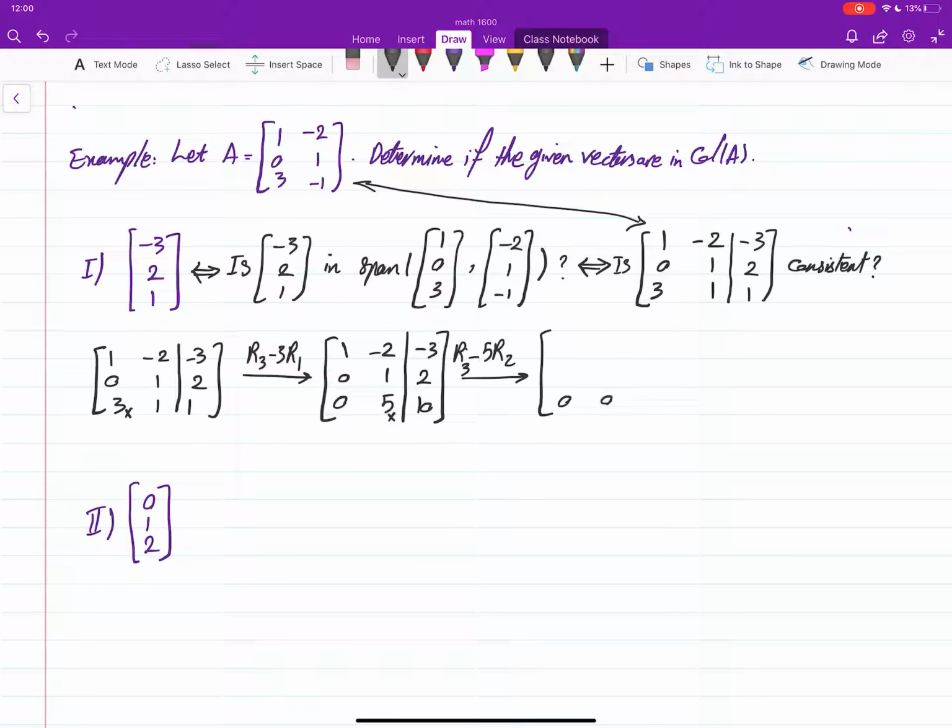This will give us 0, 0, 0, 1, 2, 1, and negative 2, negative 3. And you see, this is now row echelon form, and it is consistent. So that means that, as a result, this vector is in the column space of the matrix A. So the vector is in COL of A.